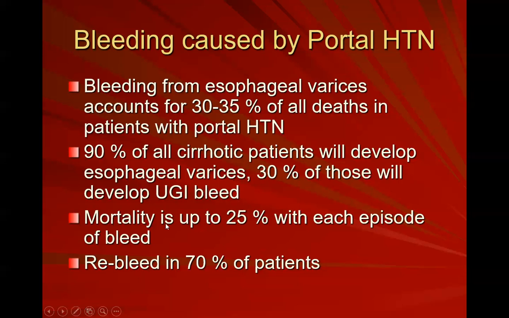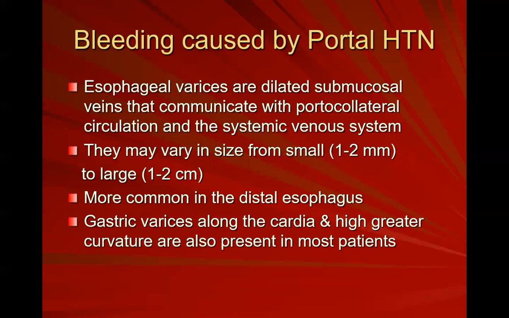The mortality goes up to 25% with each episode of bleeding. The rebleeding is in 70% of patients. So this is the definition of the varices, which are dilated submucosal veins that communicate with the portocollateral circulation and the systemic venous system.